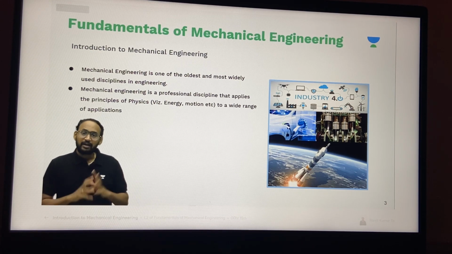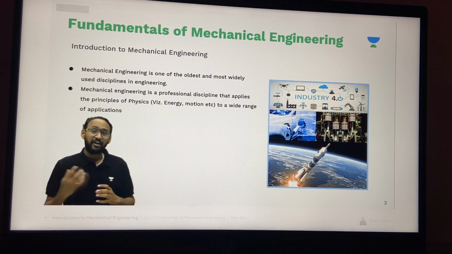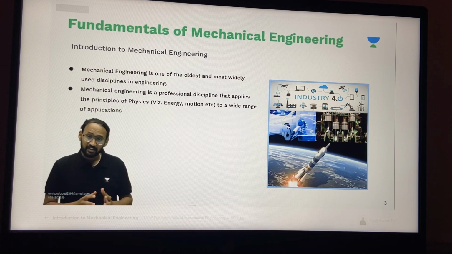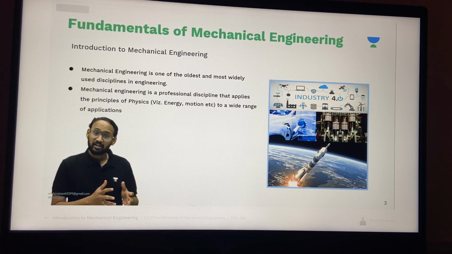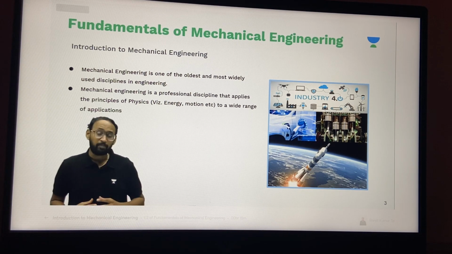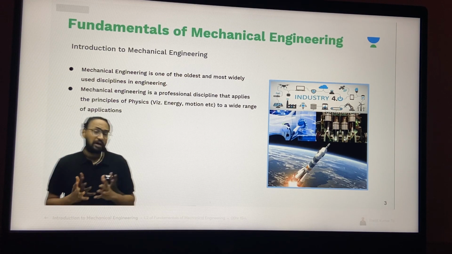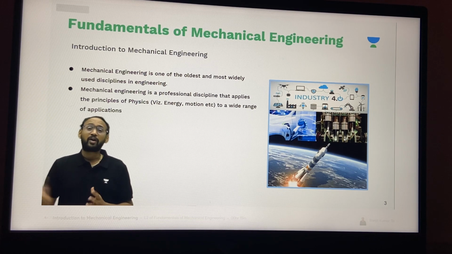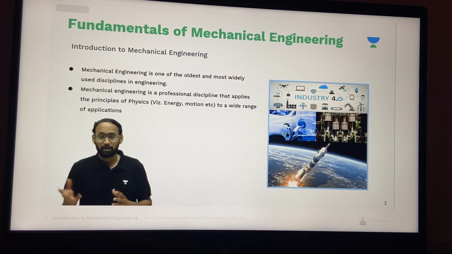Mechanical engineering is a professional discipline wherein it applies certain physics, certain underlying principles for the end applications which touch the life of the people. Very simple, this could be energy or motion for that matter, or if you're working in the fluid domain, it could be the Navier-Stokes equation or Bernoulli principle.